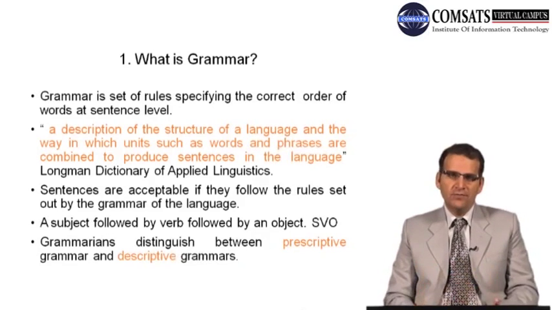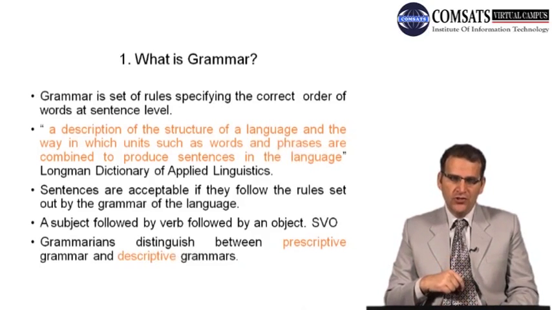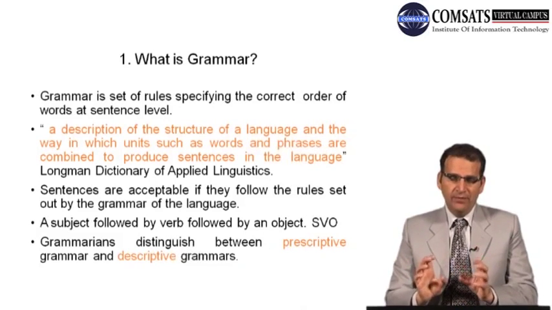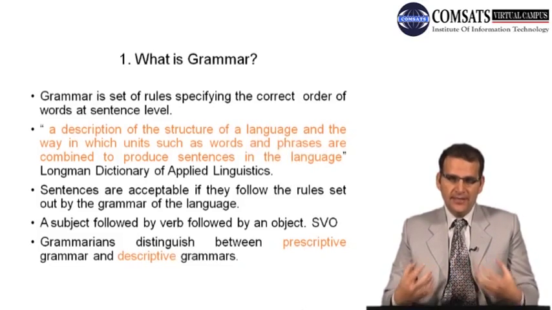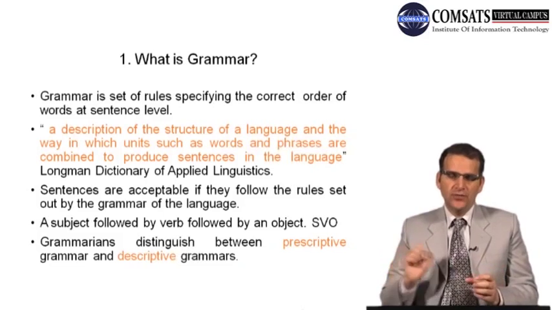However, if I change the same sentence, for example, if I say my students I teach, now again the words are the same, but I have changed the pattern. In the first sentence I said I teach my students.